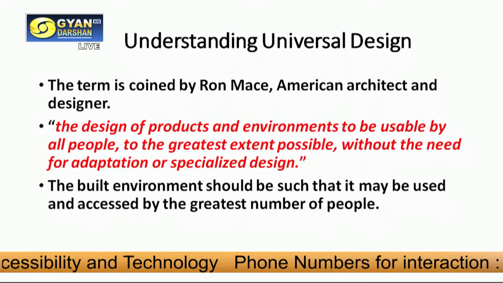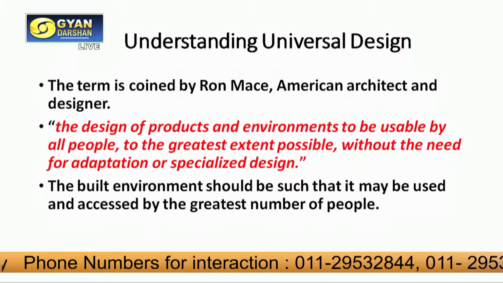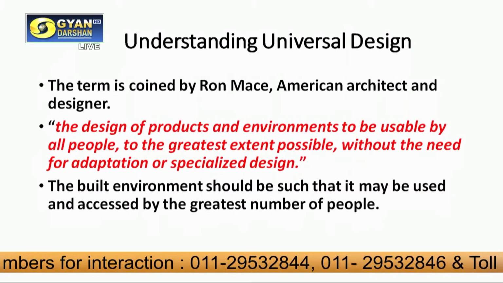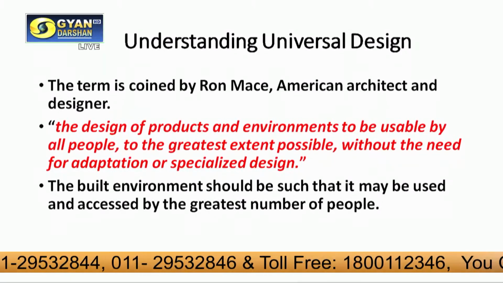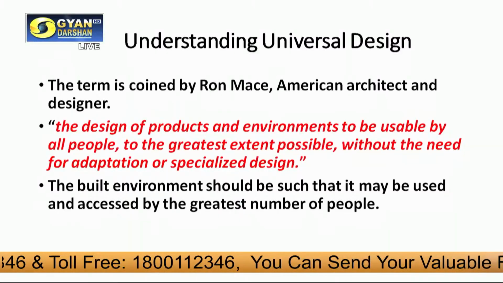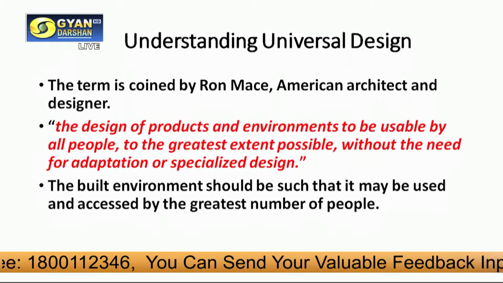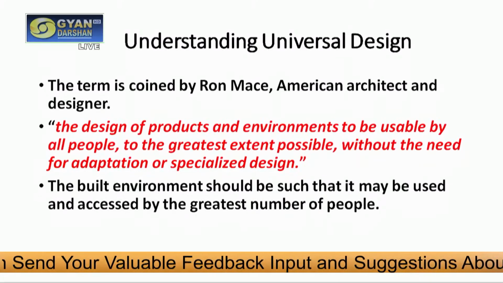So let's come now to discussing a little bit about universal design. This term universal design was actually given by Ron Mace, who was an American architect and designer. The meaning of universal design is the design of products and environments to be usable by all people to the greatest extent possible without the need for adaptation or specialized design.